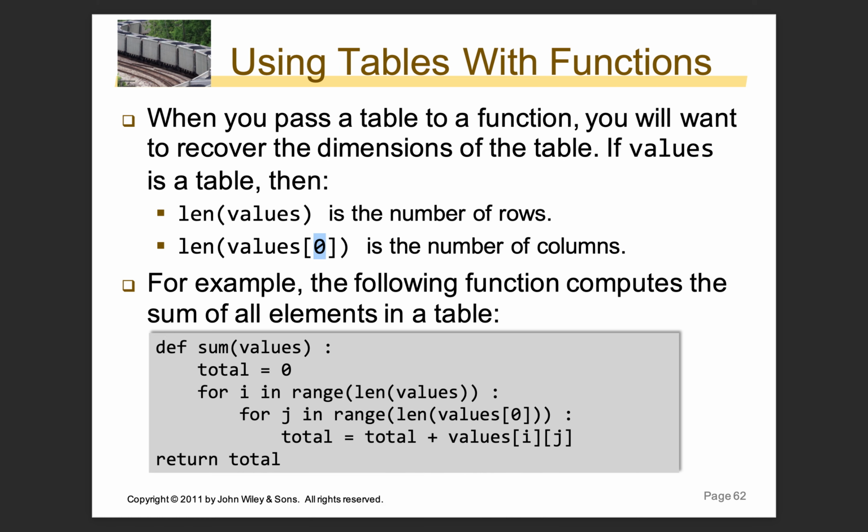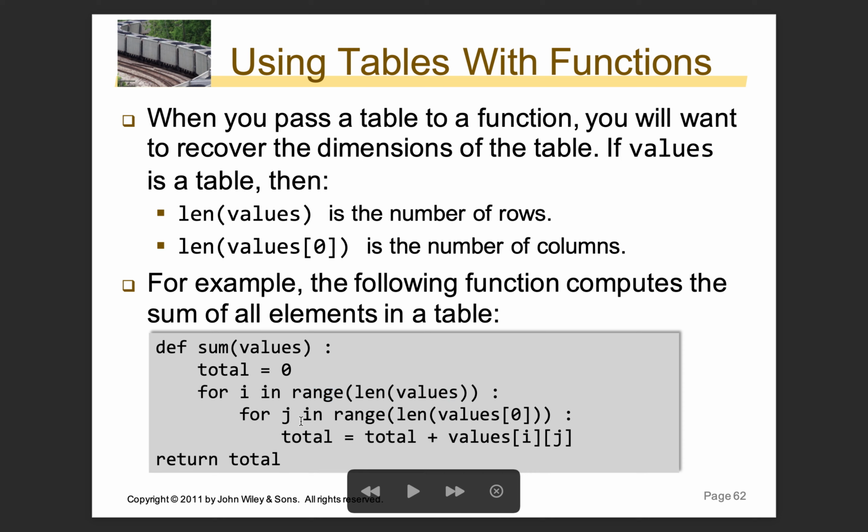Okay, so for example, the following function computes the sum of all elements in a table. So we pass the function sum a table. We have total equals 0. For i in range len values, so for the number of rows, for the number of columns, total equals total plus values i j. So i gets set to 0, j, so we're at the 0th row.